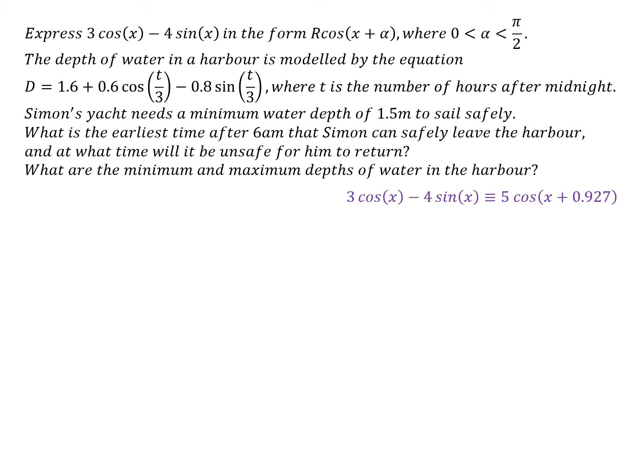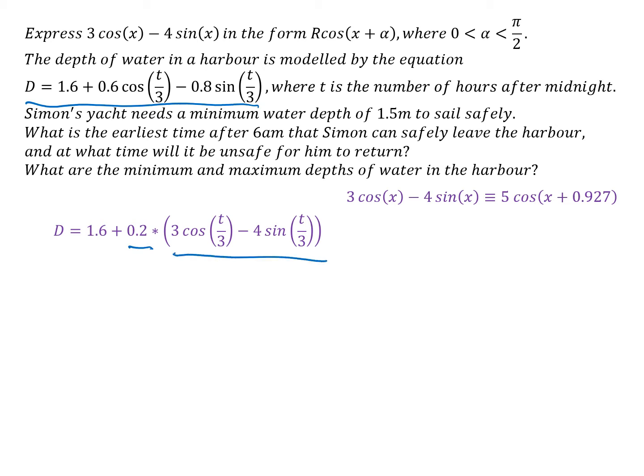So I've just copied that down from the previous part. Now D, we're told, is this expression here. And 0.6 cos(t over 3) minus 0.8 sin(t over 3) can be expressed as 0.2 times this.